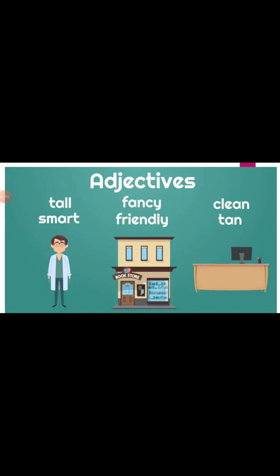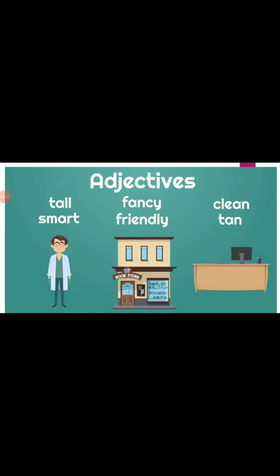Bookstore is a noun too. It's a place. What two adjectives can we use for the bookstore? One word can be fancy. It looks pretty fancy. And the second word is friendly because we get books from there. So it's friendly and fancy. Both are describing the bookstore.